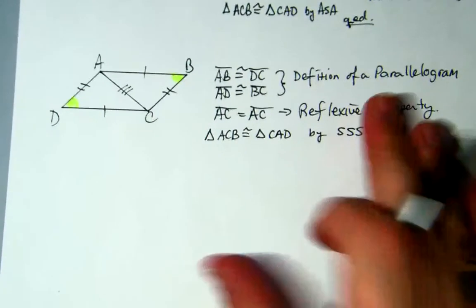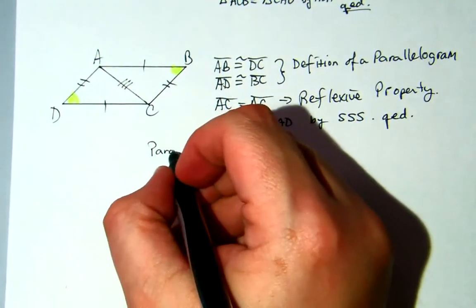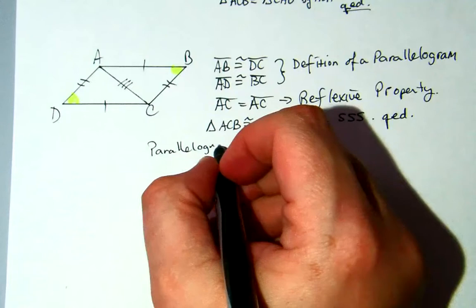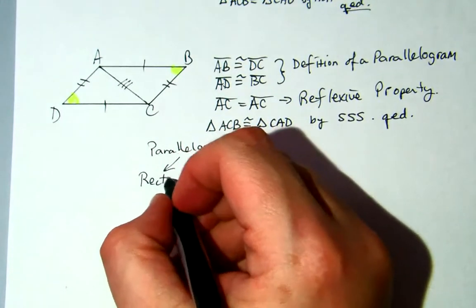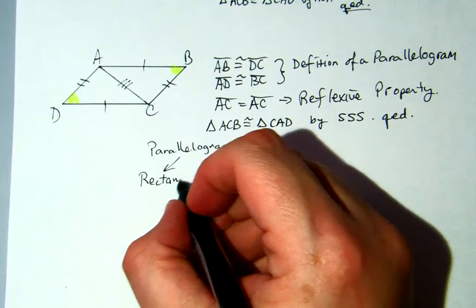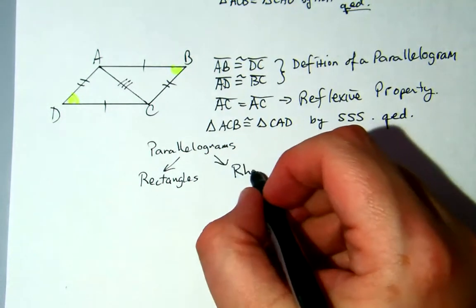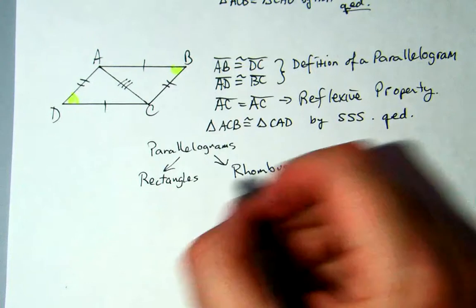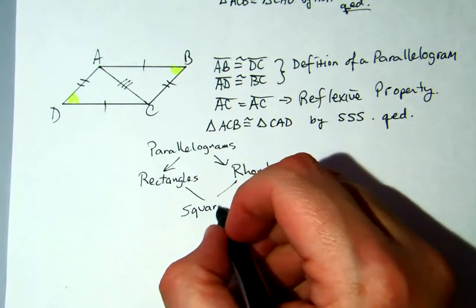Now, the key for this is, since this works for parallelograms, it's going to work for rectangles, for rhombuses, as well as for squares.